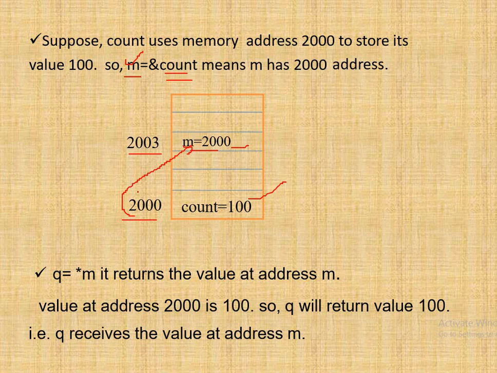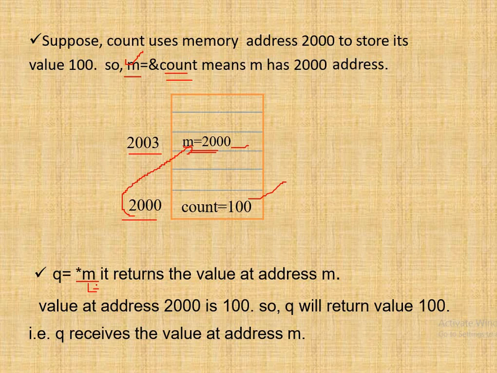And with the help of m, we can also fetch the value that is stored in count. For that we have to use value at address. Here we can see that m is holding 2000.